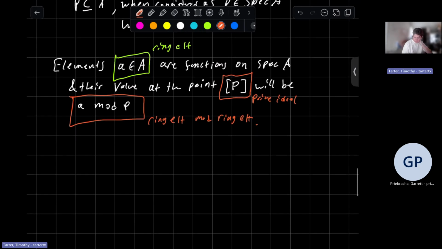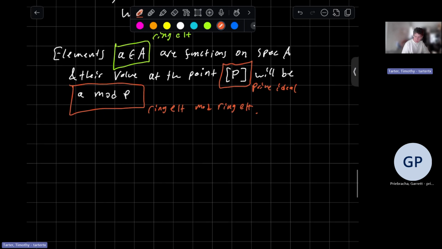So a function can take values in different rings at different points.